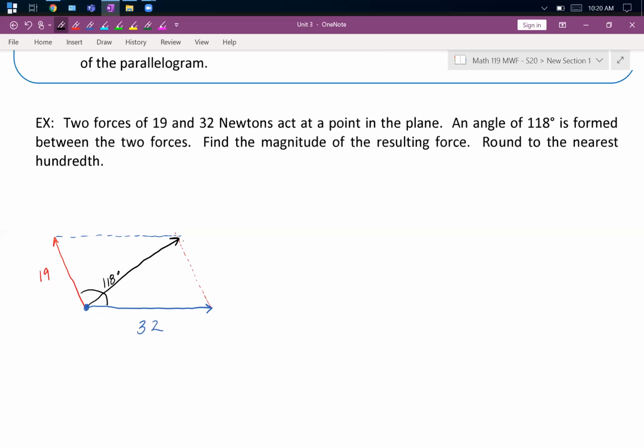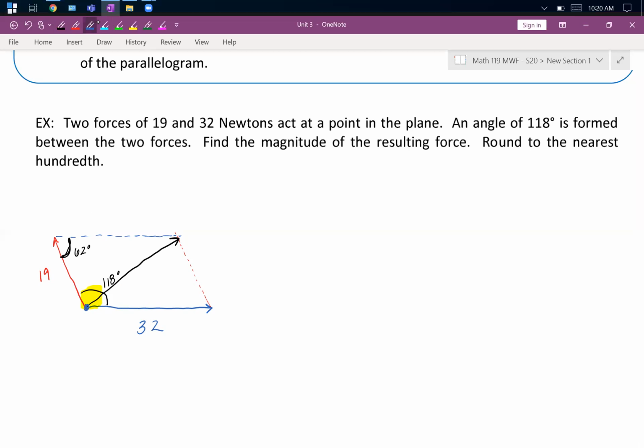We need to use the fact that adjacent angles in a parallelogram are supplementary. So if I know that this angle is 118 degrees, then this angle here is going to be its supplement, which is 62 degrees.